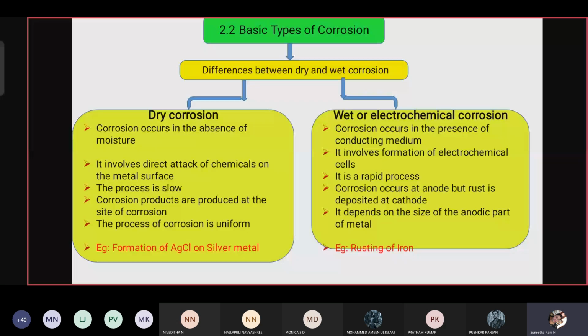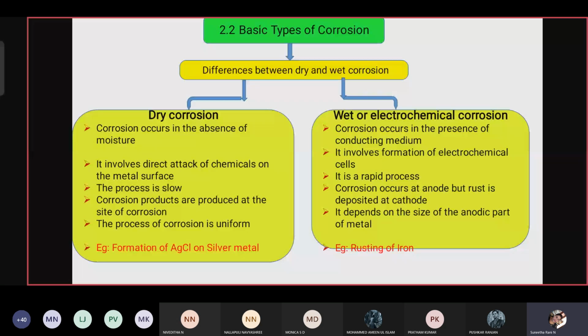According to electrochemical theory, when a metal such as iron is exposed to a corrosive environment, the following changes occur. A large number of tiny galvanic cells with anodic and cathodic regions are formed, as shown in the figure.